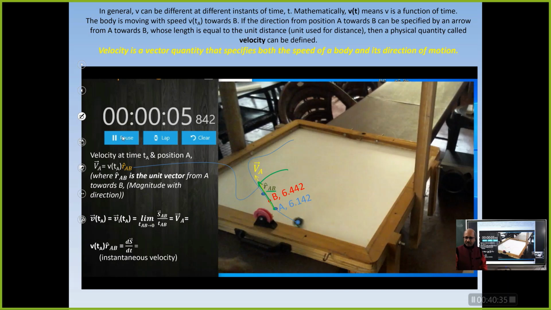Matlab, unit vector from A towards B. It is a vector whose magnitude is unit and it is from A to B. Did you get it? You will understand this.